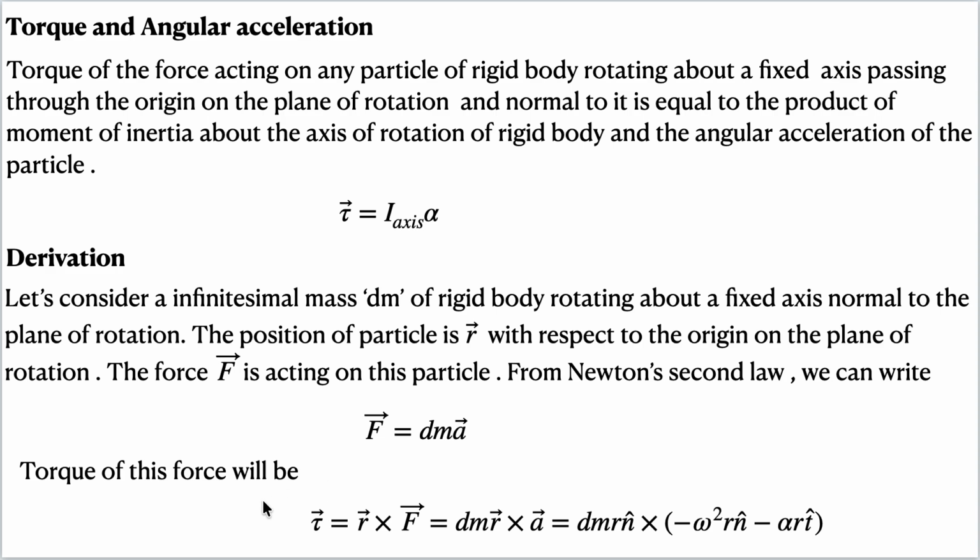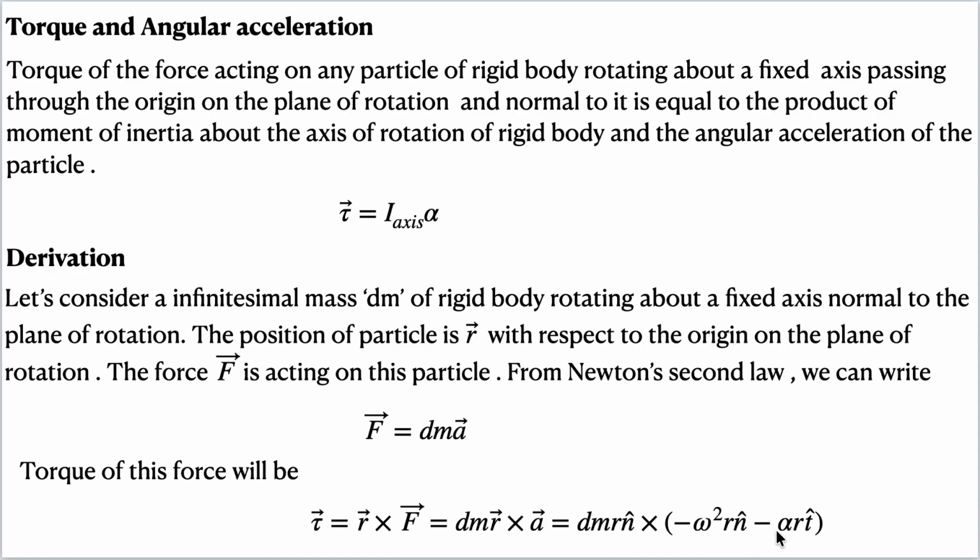The torque of this force will be vector tau equals vector r cross vector F, which can also be written as dm vector r cross vector A. The acceleration of the particle, vector A, will have two components, one along the tangential direction and one along the normally outward direction.